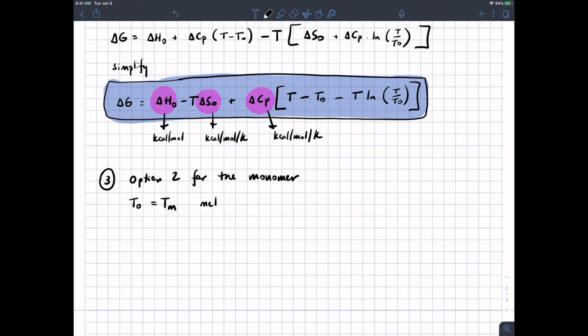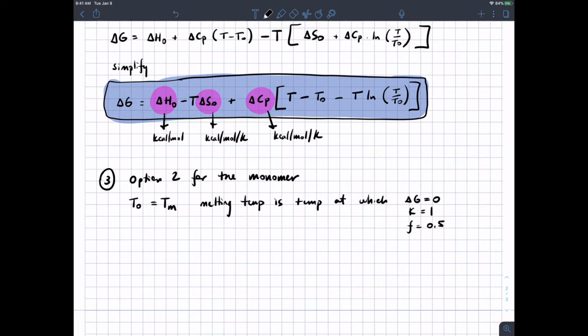The melting temperature is the temperature at which, for a monomer, delta G equals 0, and K equals 1, and fraction folded equals 0.5.